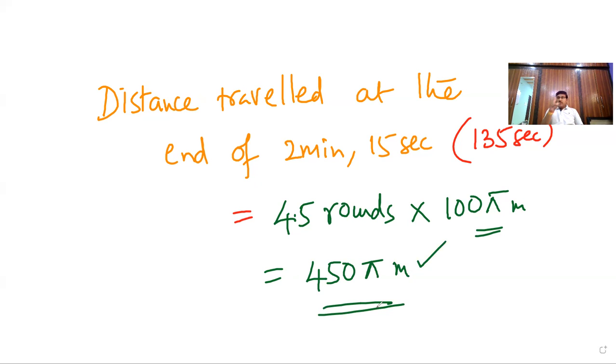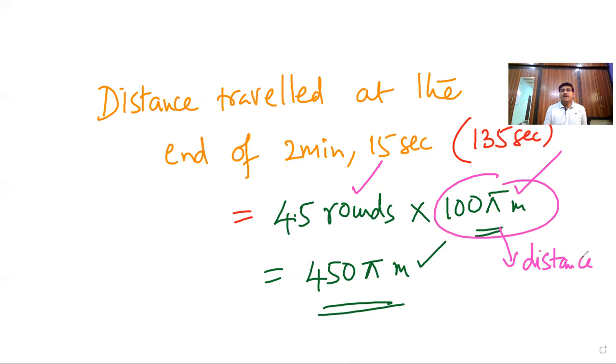Clear? In one round, it travels 105 meters. So in 135 seconds, it completes 4.5 rounds. In 4.5 rounds, how much distance? 4.5 rounds multiplied with the distance traveled in the one round. Clear?